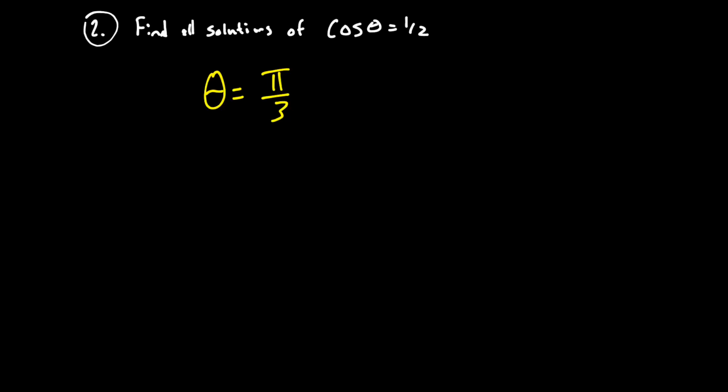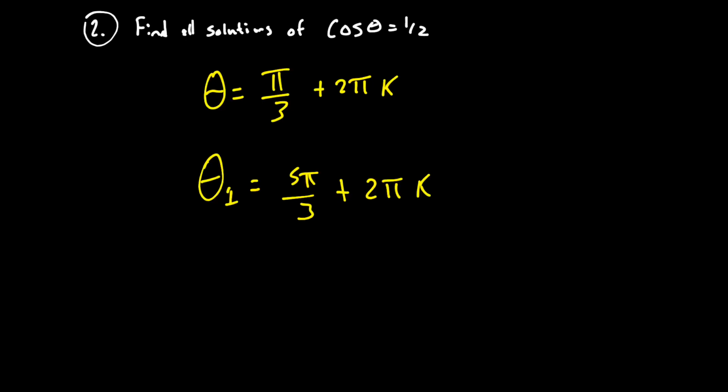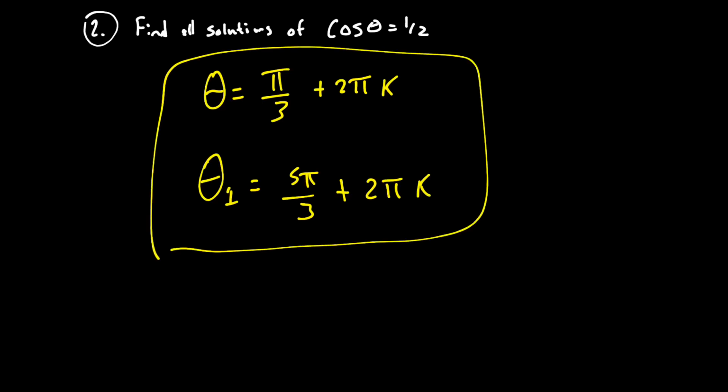And to find all other solutions associated to pi divided by 3, we're just going to add a plus 2 pi times k to it. And we'll do the same thing for our theta 1. This is again equal to 5 pi divided by 3. And we just add our 2 pi times k. And these are going to be all possible solutions of our trigonometric equation.